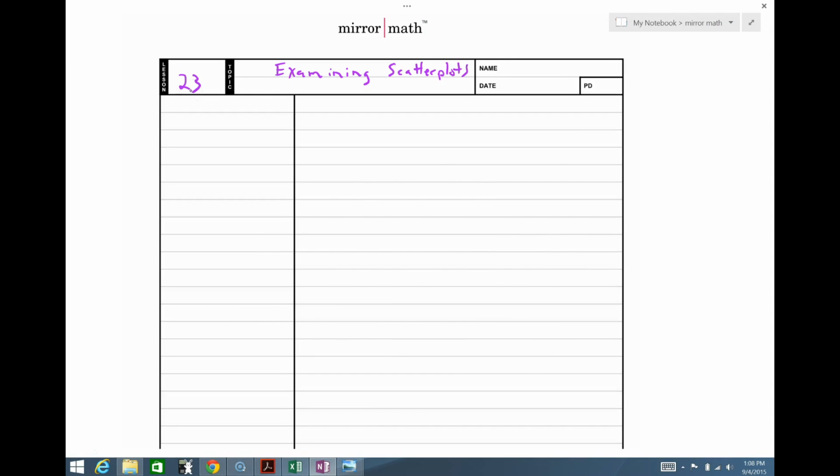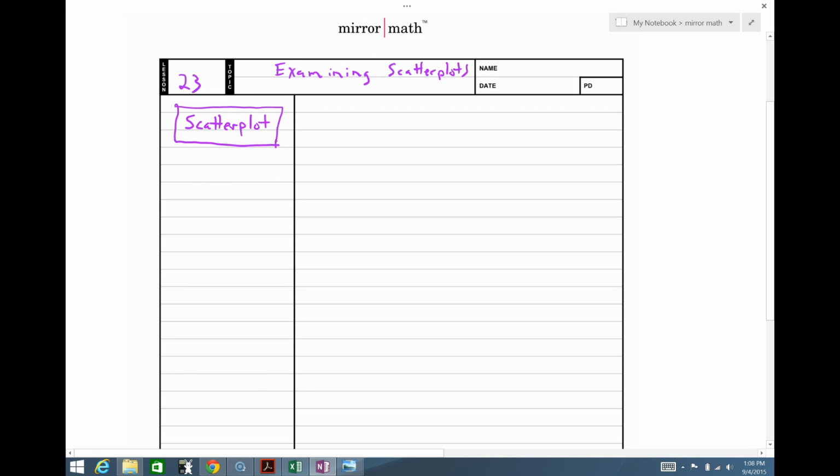In this video, we will be looking at lesson 23, examining scatterplots. First, what is a scatterplot? As the name would indicate, it's a plot with points scattered around.